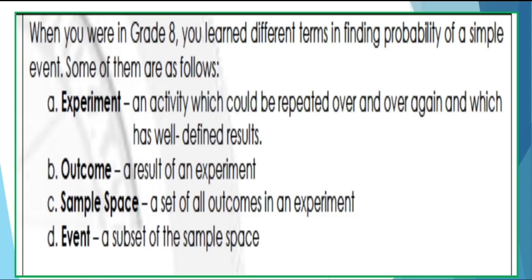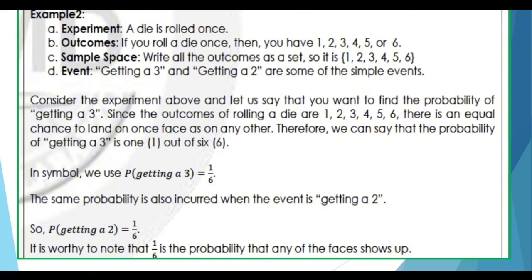A die rolled once is an experiment. If you roll a die once, you have 1, 2, 3, 4, 5, or 6. Those are the outcomes, and we write all the outcomes as a set. The event is getting a 3 or getting a 2.